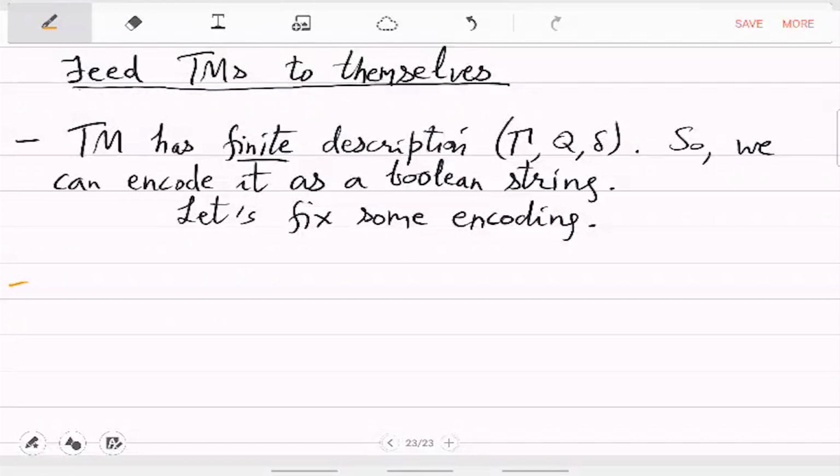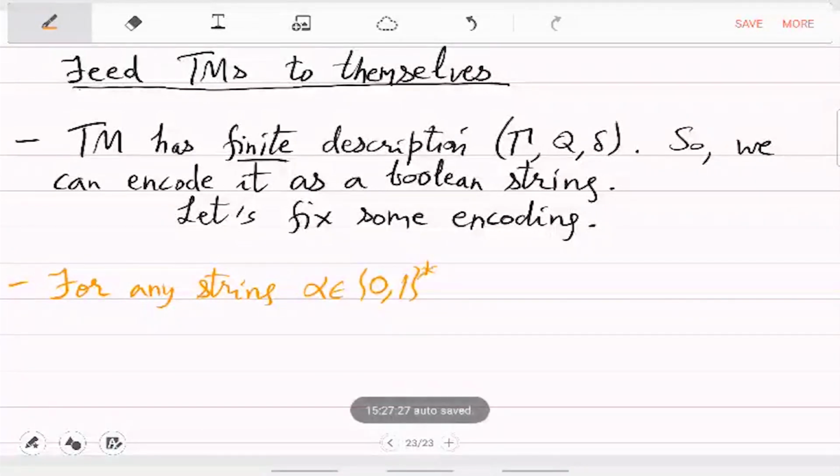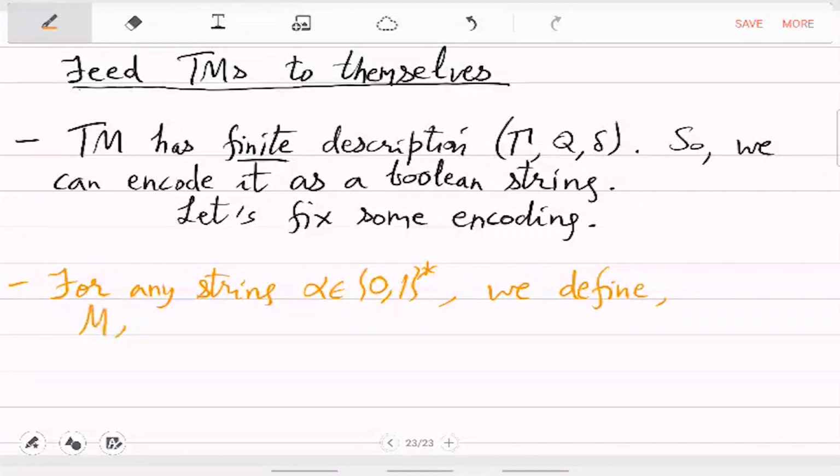And for a string alpha, we can write M alpha to be the Turing machine that string alpha represents.